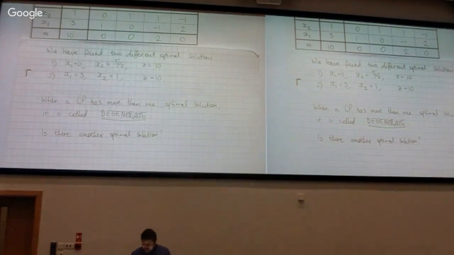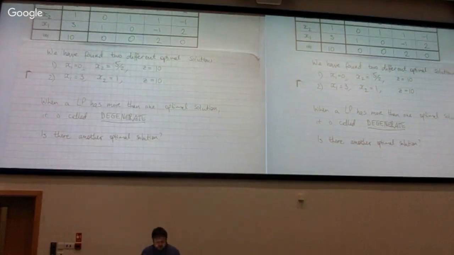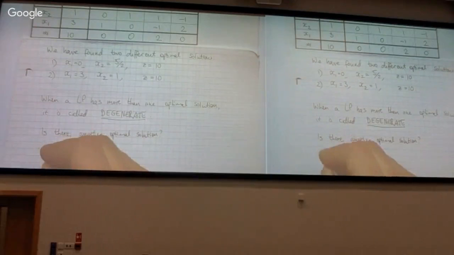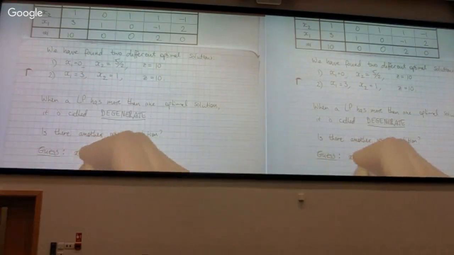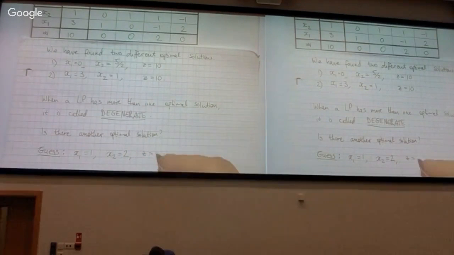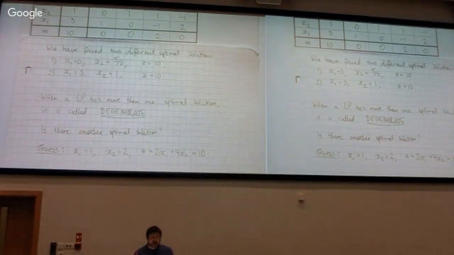Is there one like that? Presumably. Okay, so guess: x1 is 1, x2 is 2. Okay, what's the objective? Well, the objective is 2x1 plus 4x2, which is indeed 10. So that's promising. Does it satisfy all the constraints?